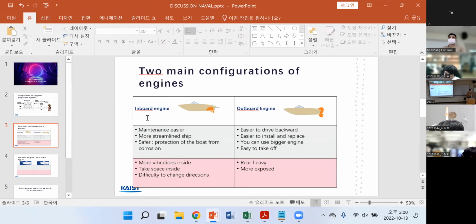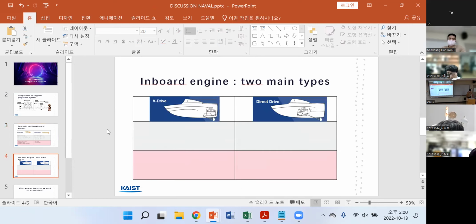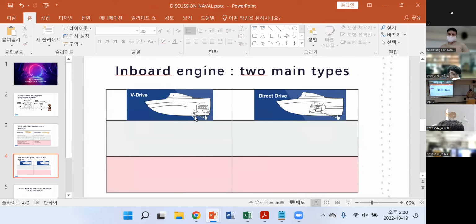If we focus more now on the inboard engine, there are two kinds of technologies. Inside you can have a V-drive engine, where the shaft is in a V form, and the other is a direct drive.